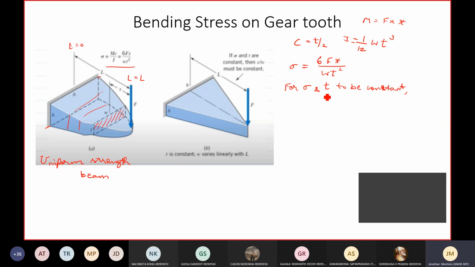That is, we don't want to change the thickness and we don't want to change the sigma value. Then what should be done? You are arresting the sigma, you are arresting the T value, T square you are arresting. What are the only factors that you can play with now? You can play with x and w only, because F is anyway constant for a given moment of time. So x by w needs to be constant.